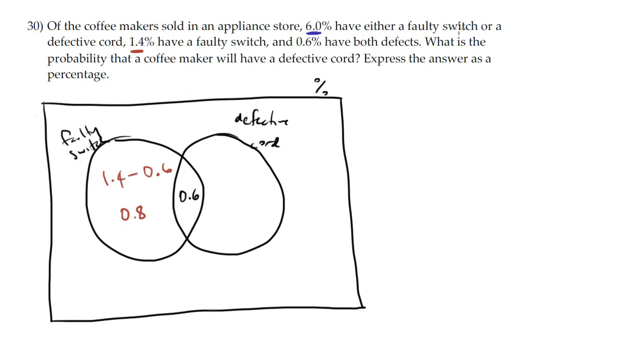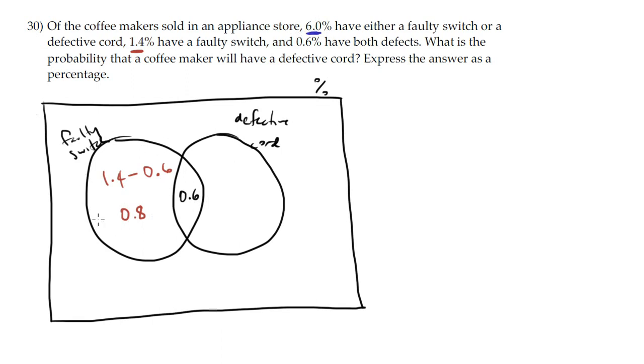6% have either a faulty switch or a defective cord. Now that's 6% that have either a faulty switch or a defective cord. That's all these regions added together. Remember, or, when we're talking probability, is either or both. So the sum of all three regions here should be 6%.